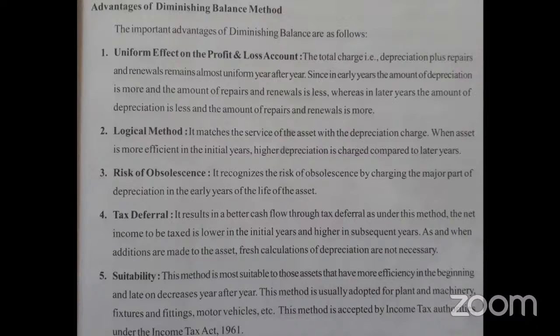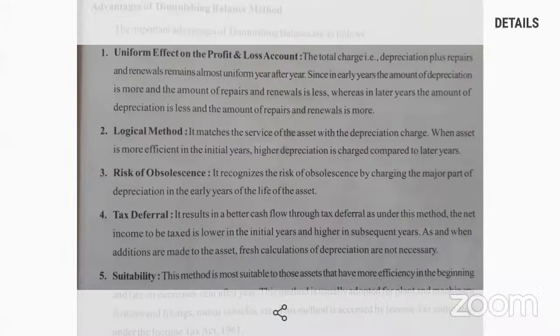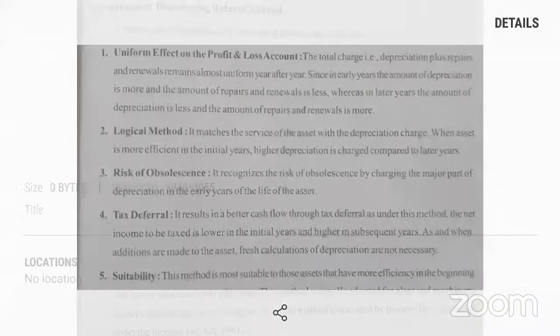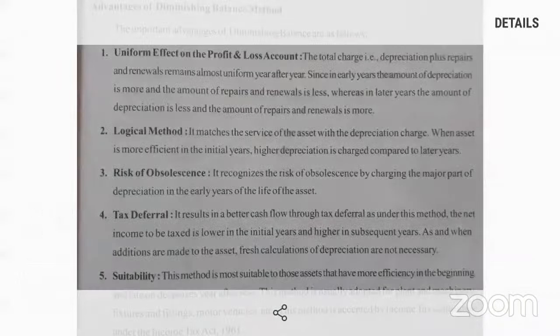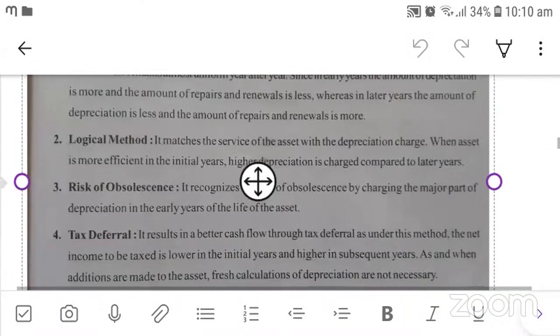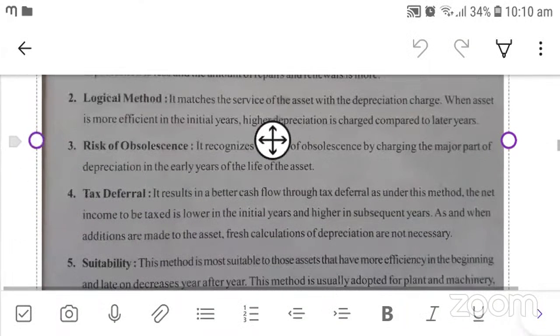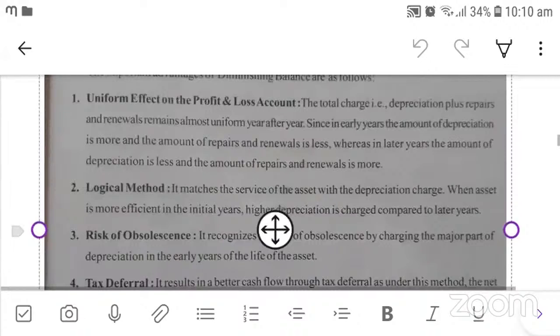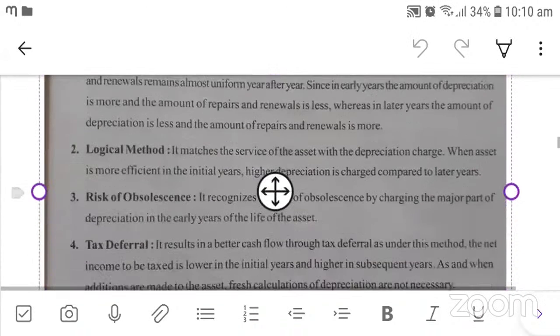Okay, these are the advantages of the diminishing balance method.